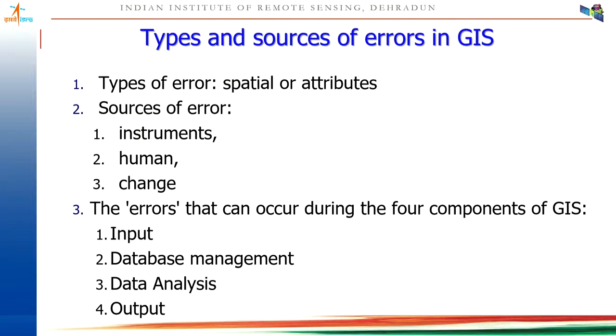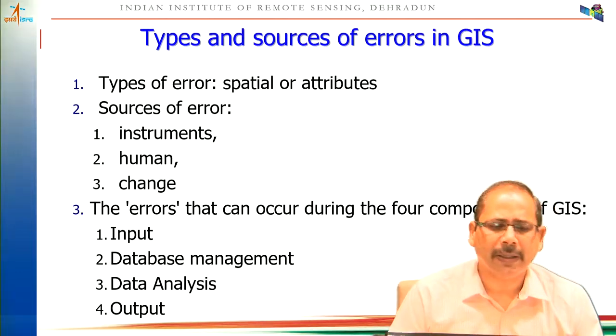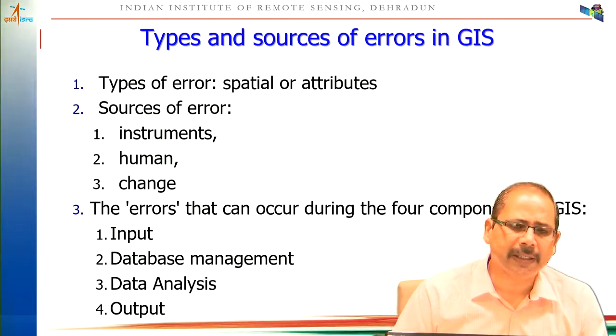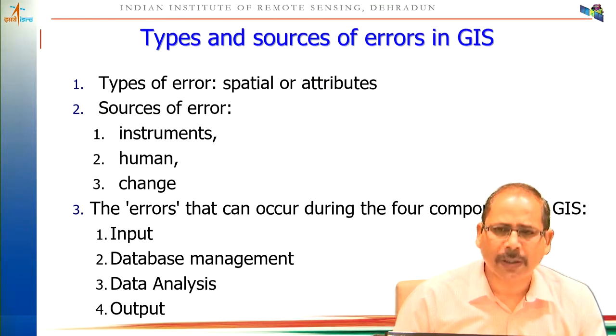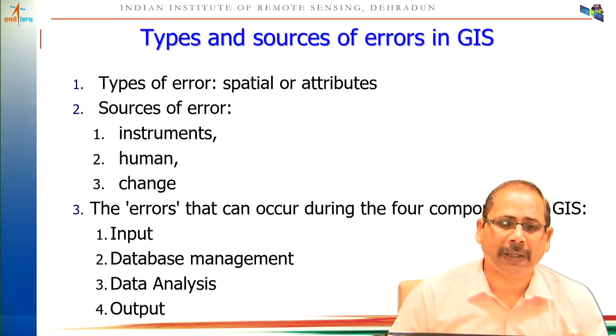When I talk about attributes, I am talking about non-spatial or ground-based observations, which I link with my spatial geographical features. Sources include instrument, human, and changes, and errors can occur during the four components of GIS: during inputting of the data, data management, data analysis, and also during presenting the output of the data.